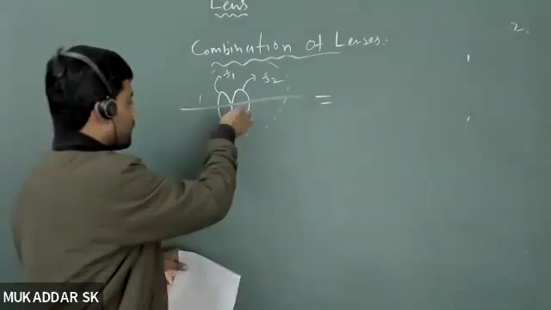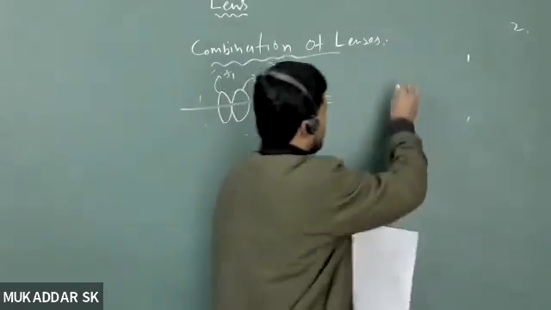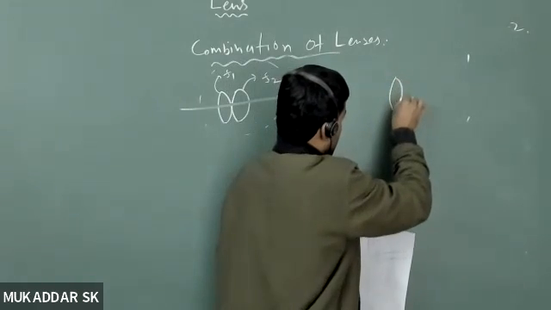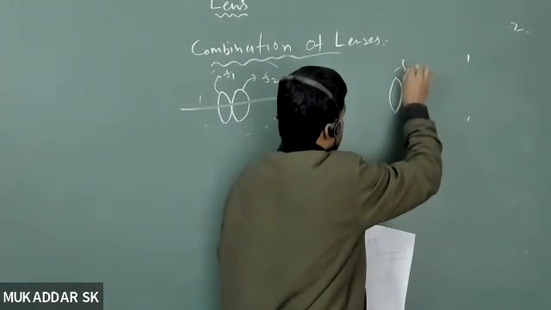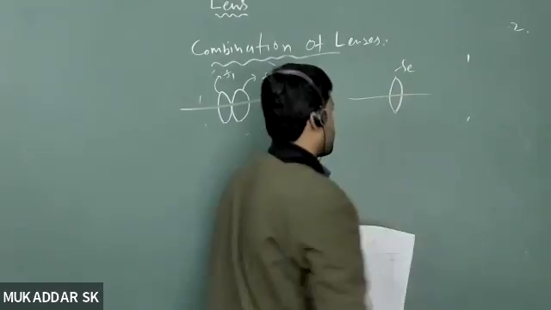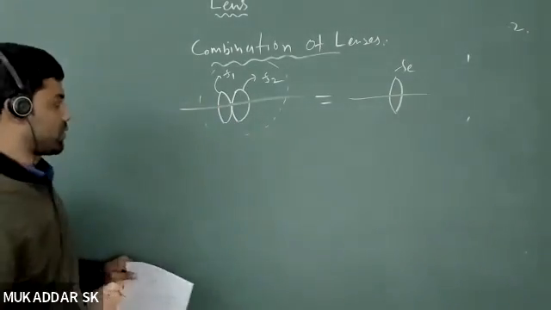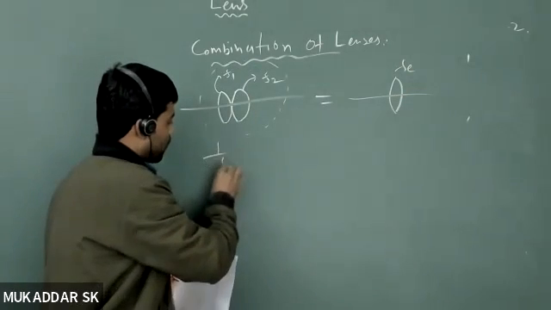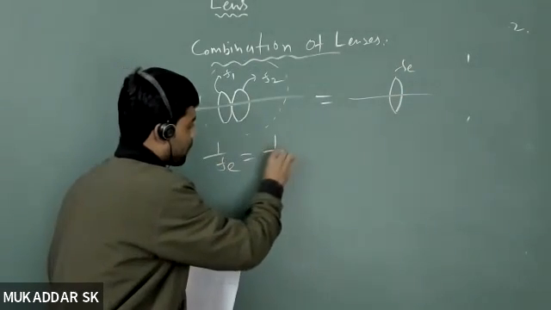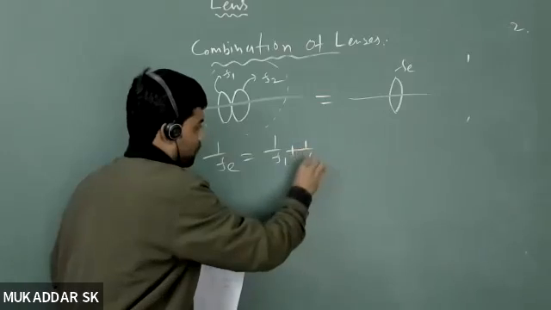So I can convert these two lenses into a single lens, and the focal length of this lens is Fe. Okay. So equivalent focal length of these two lenses, I can write 1 by Fe, that will be 1 by f1 plus 1 by f2.